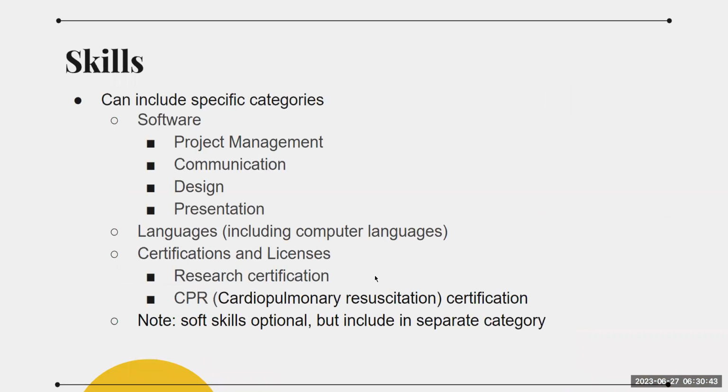So, for example, some very common skill sets might be software skills, language skills, and any certifications and licenses. And like I said, for CVs, you'll most likely already be including certifications and licenses anyway as a part of your professional training component of your CV.